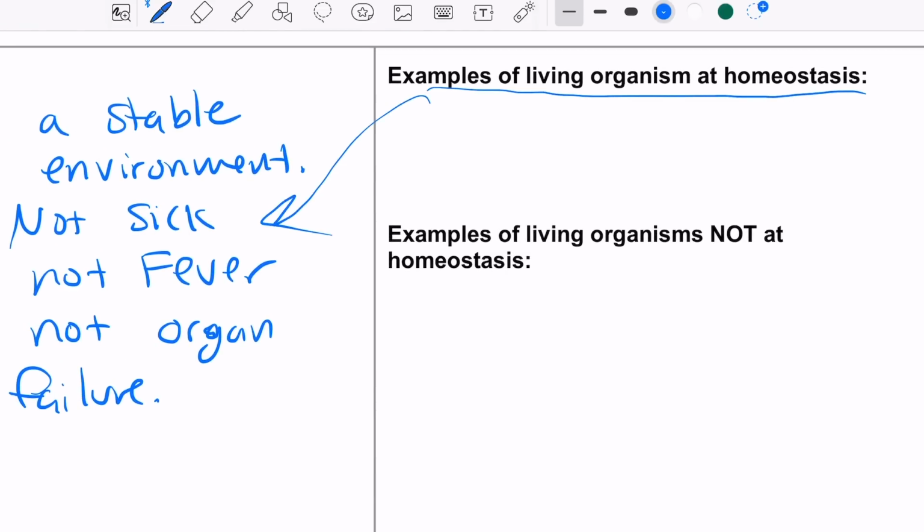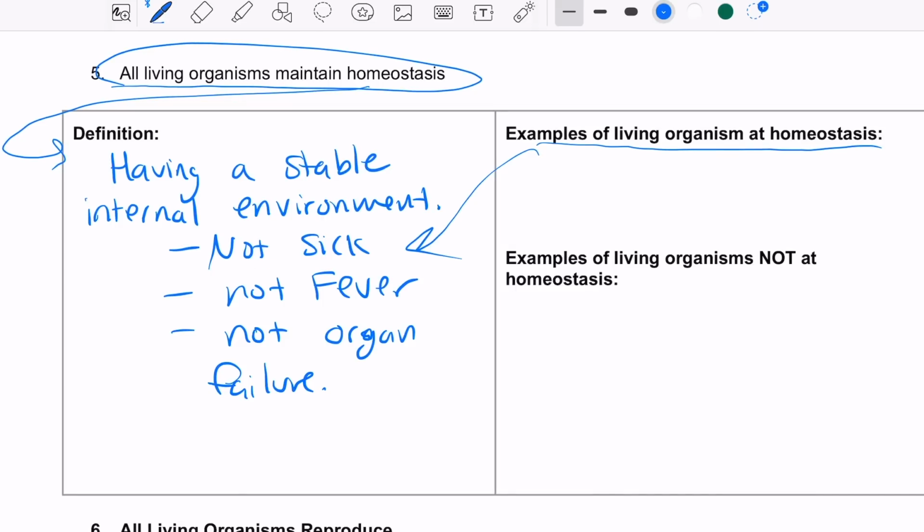I just said it. You are not sick. You do not have a fever. You do not have organ failure. You don't have a virus. You aren't infected with a bacterial infection. You are stable. Your temperature is stable.